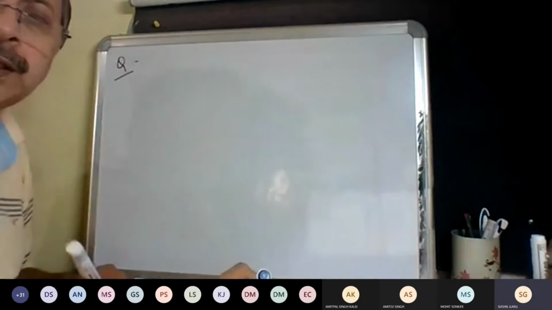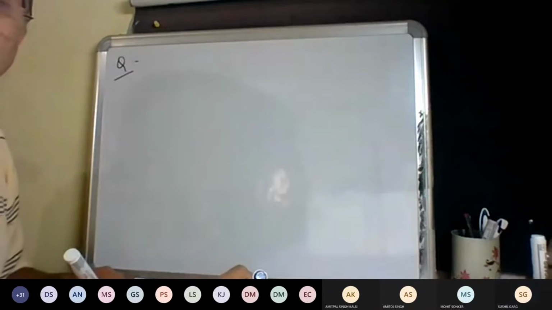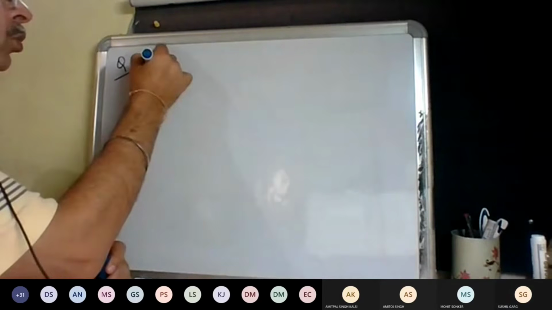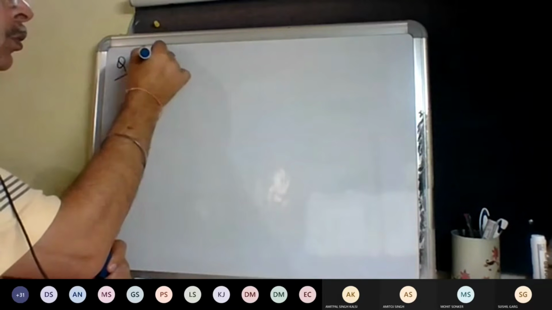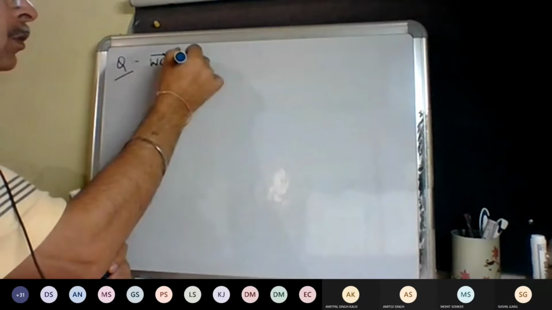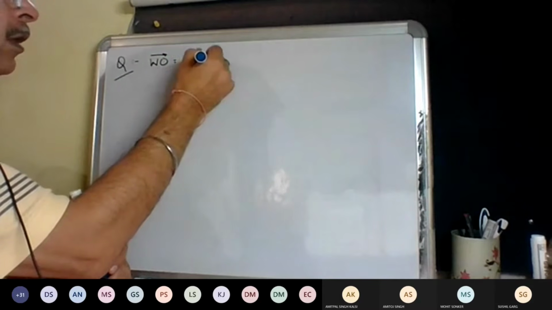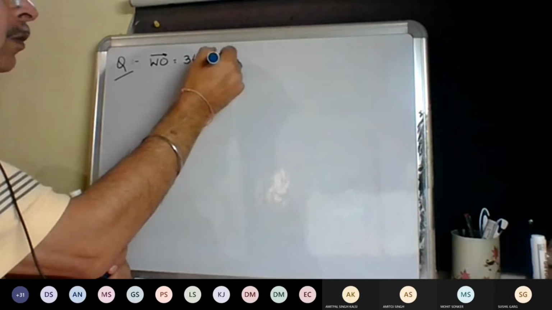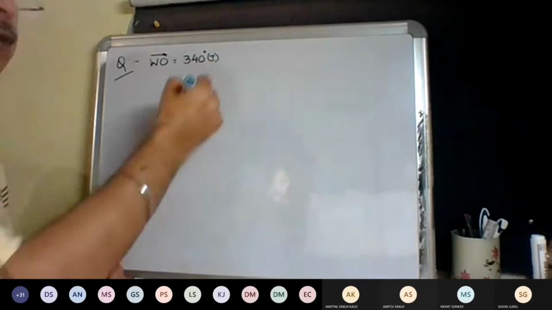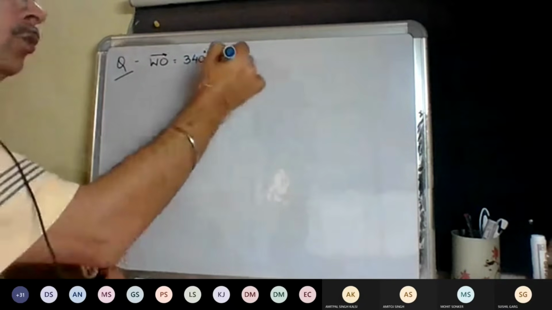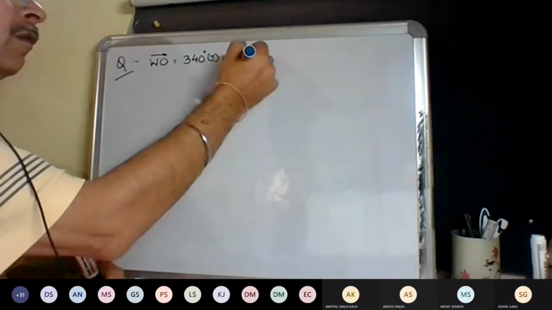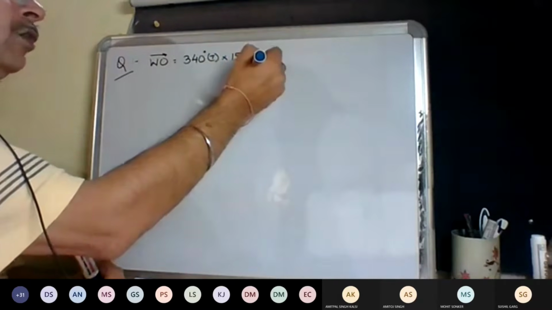Okay. Question. So let's take a question. Ownership's course. Ownership is WO. Take a question: 340 degrees true, 15 knots.